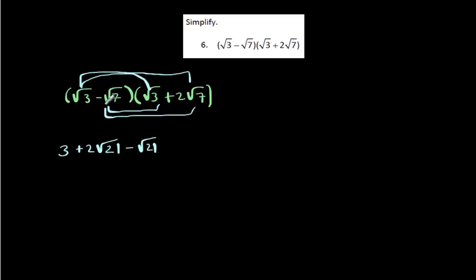And then negative root 7 times positive 2 root 7 is negative 14, because 1 times 2 is 2, root 7 times root 7 is 7, and 2 times 7 is 14. So 3 minus 14 is negative 11. 2 root 21 minus 1 root 21 is 1 root 21. And that's it.